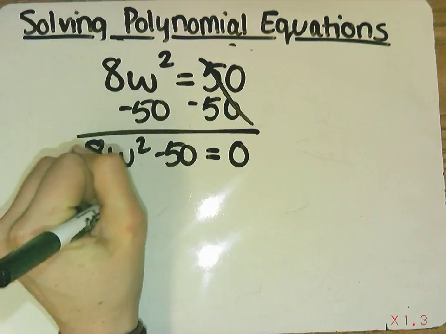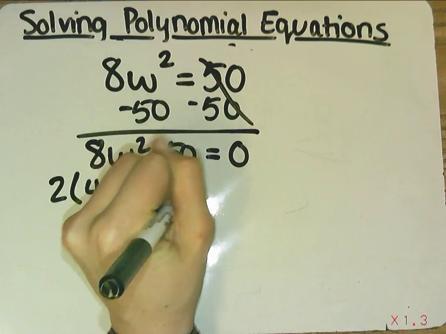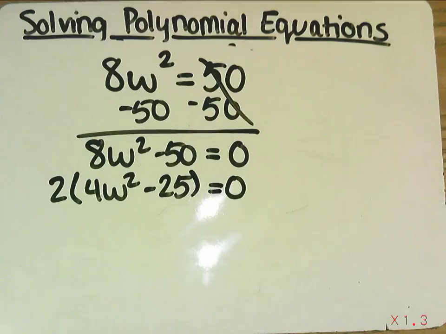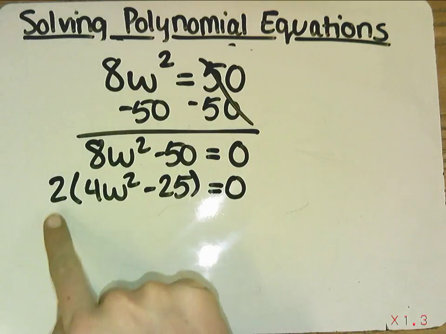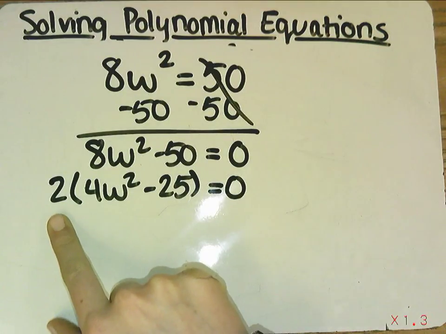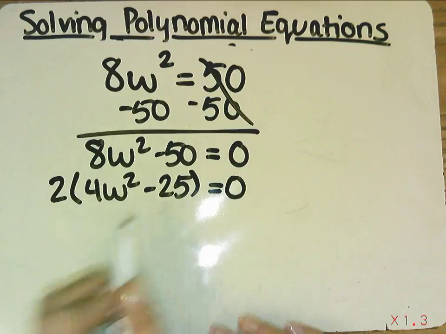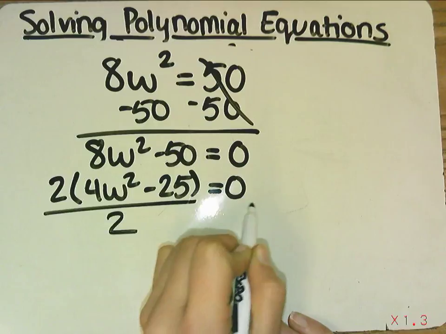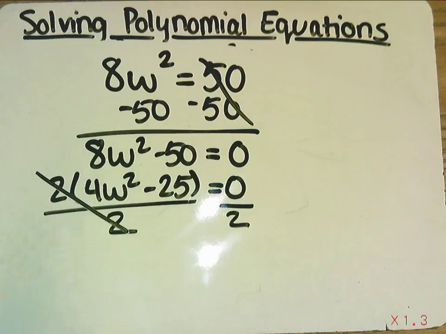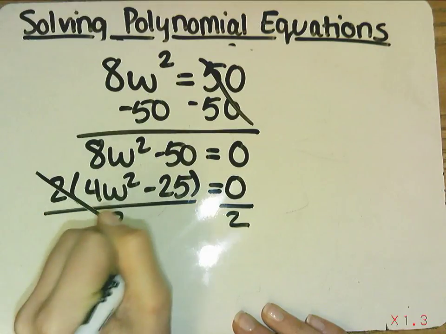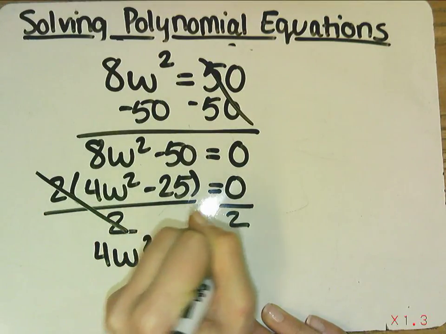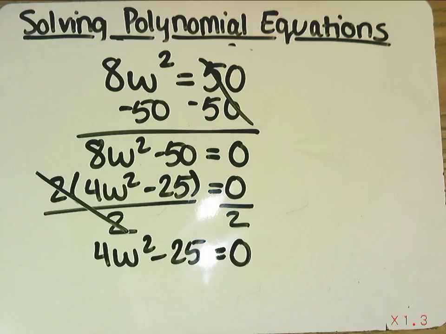I'll have 4w squared minus 25 equals 0. Since I have factored out a number, just a number by itself, no variables involved, I can divide by that number on both sides, and it now goes away. So I have 4w squared minus 25 equals 0.